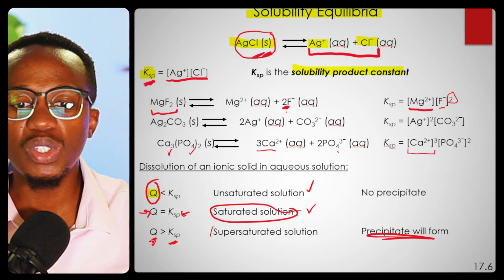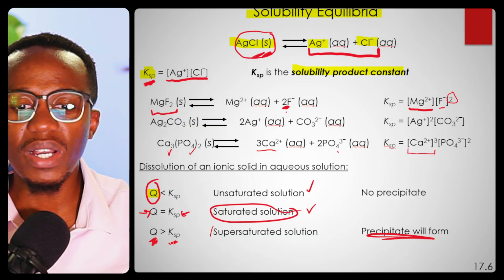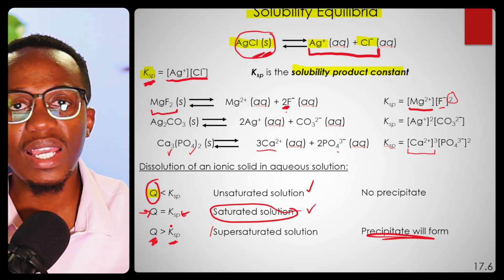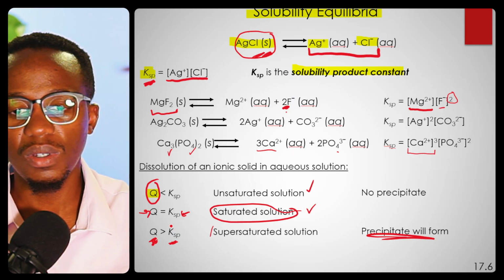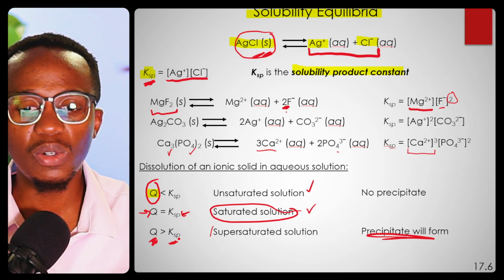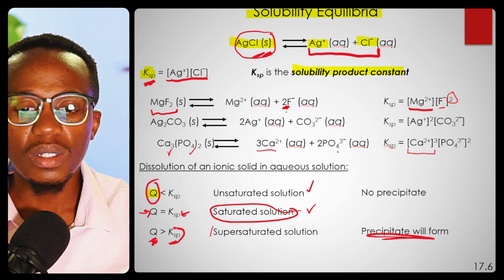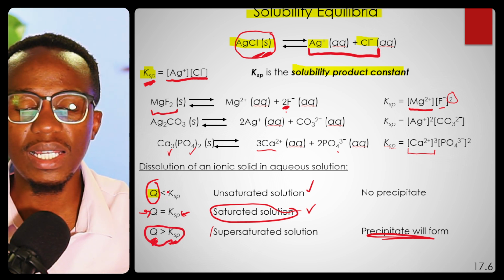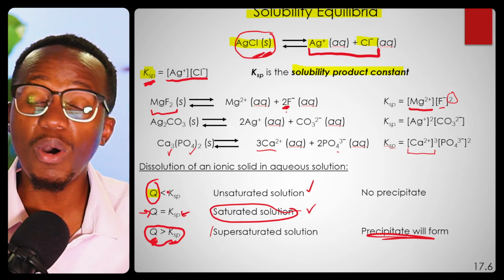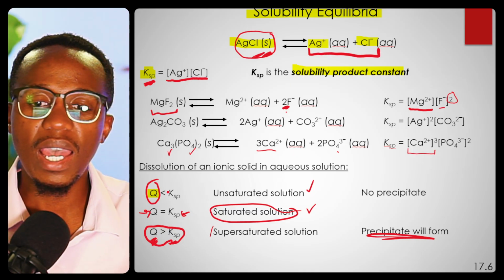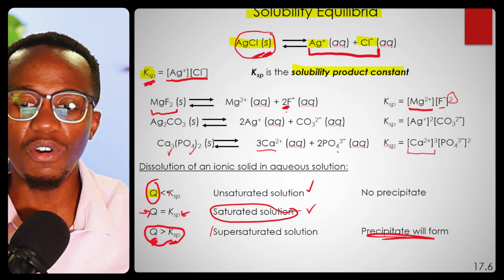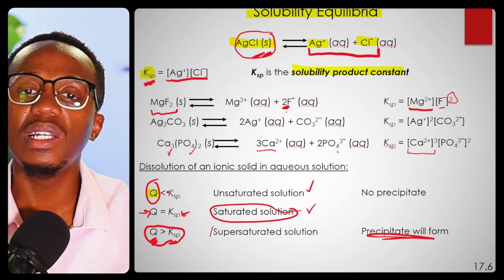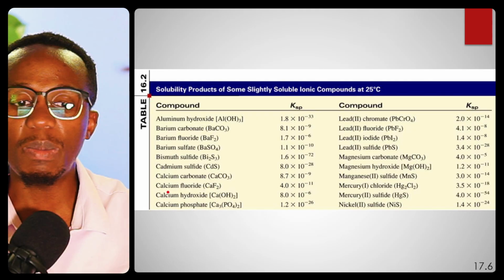Why? Because Q being over Ksp shows you that you have way more product than is soluble, because Ksp is the solubility constant. So if Q is over Ksp, you have more product than is possibly soluble, and that will form a precipitate. So when we get to calculate Ksp in a minute, we'll be able to tell whether something will form a precipitate or not.